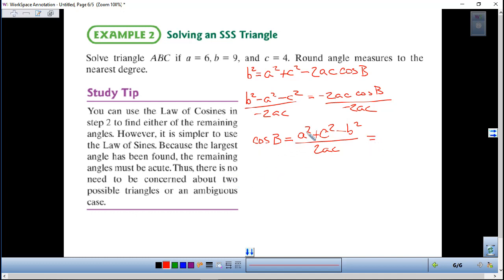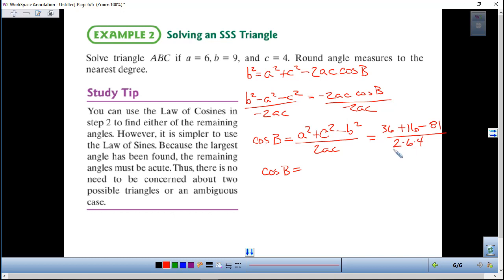So cosine B is A squared, A is 6, so 36, plus C squared, which is 16, minus B squared, which is 81, all over 2 times 6 times 4. So the cosine of B is going to equal 36 plus 16, that's 52, and then we're going to subtract 81 from that.